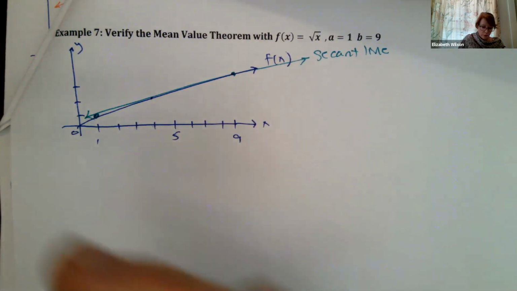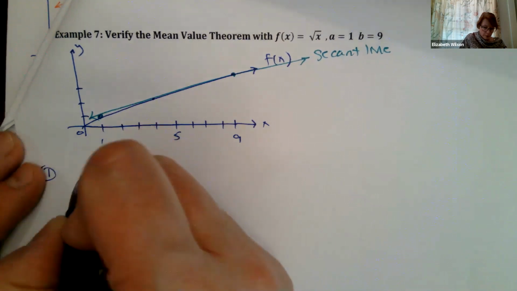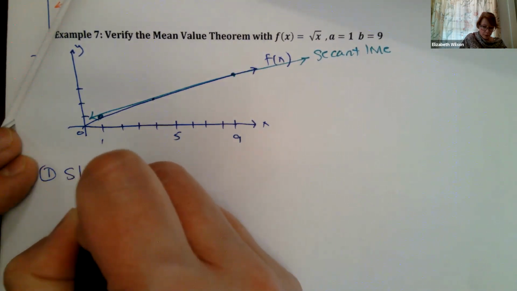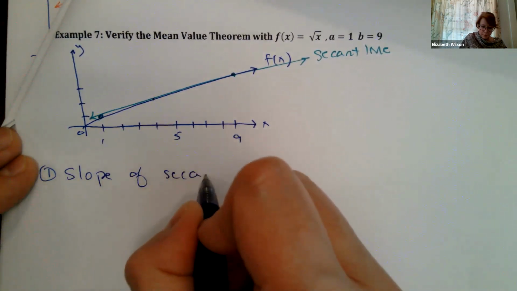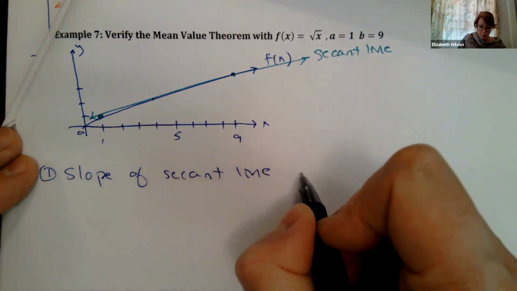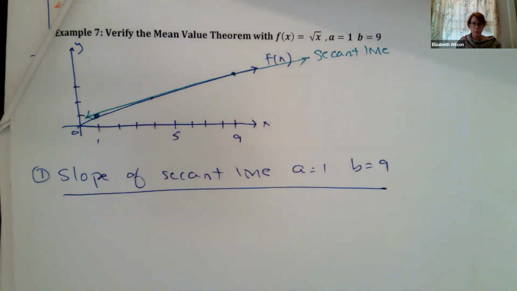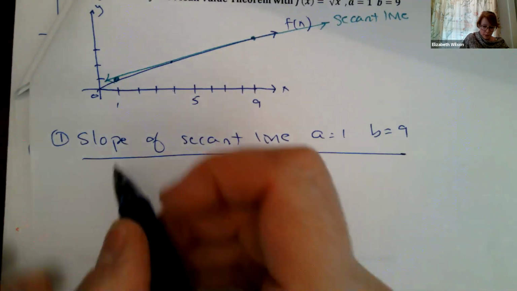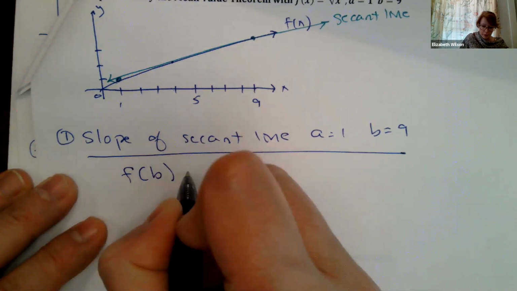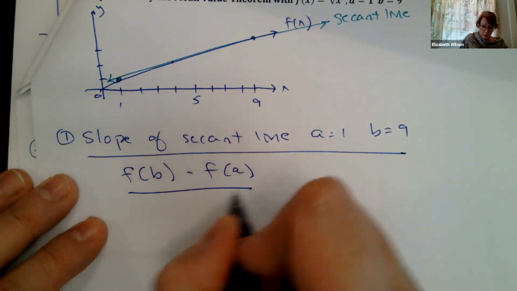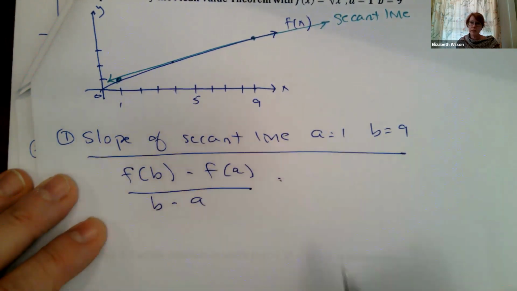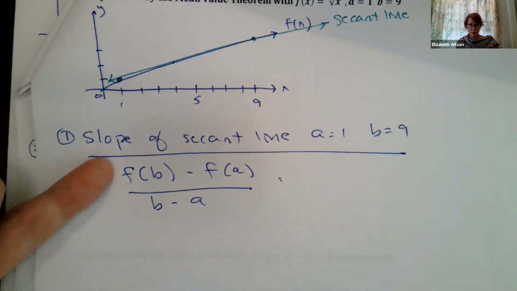Okay. So the first thing I need to do is, what is the slope of the secant line? Okay, between A equals 1 and B equals 9. That's step 1. Okay. So I'll say f of B minus f of A all over B minus A. Our secant line, just regular slope, rise over the run.